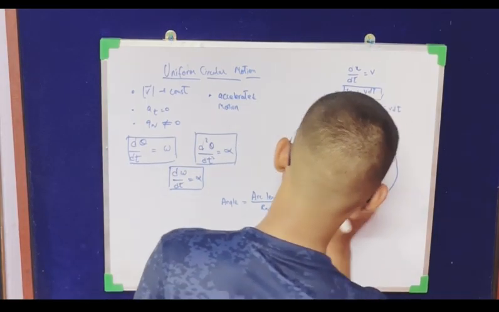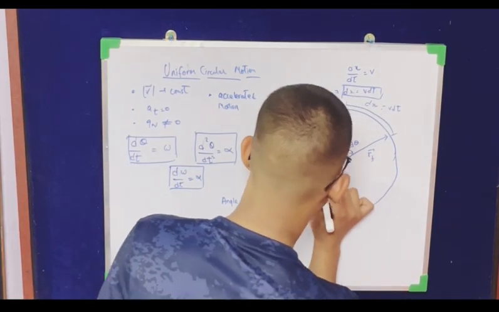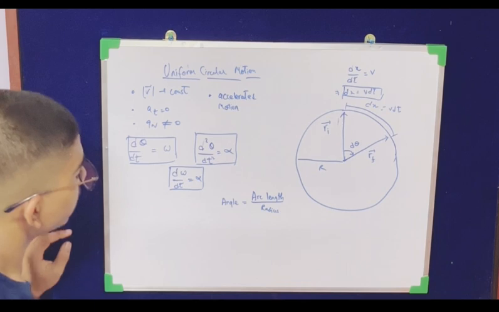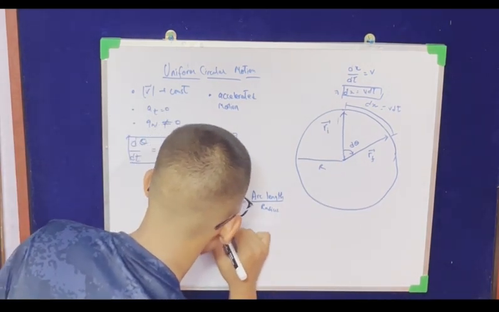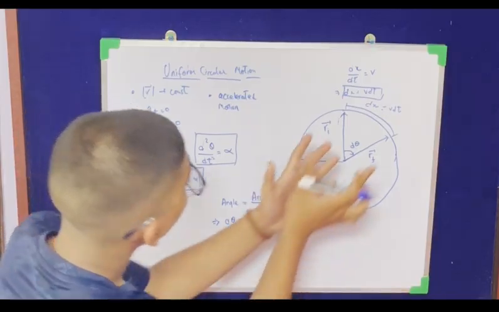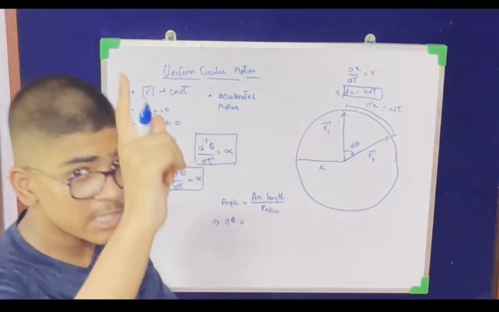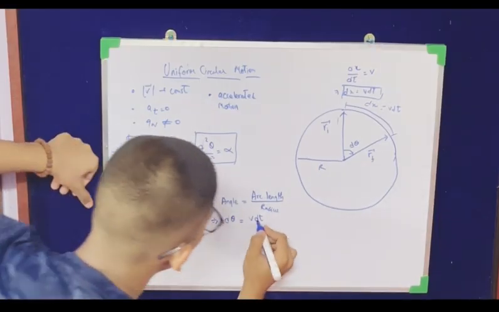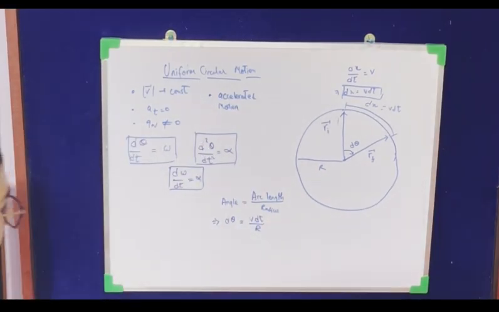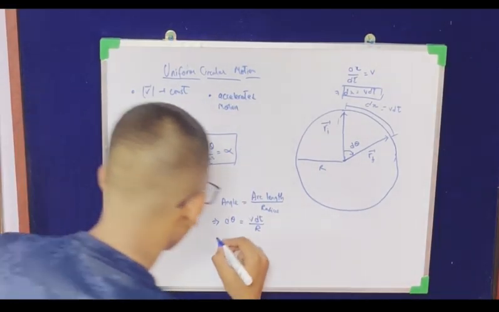Let's consider that the radius of the circle is r. The angle is d theta here. The length of the arc is dx, which is equal to v dt. And the radius of the circle is r.